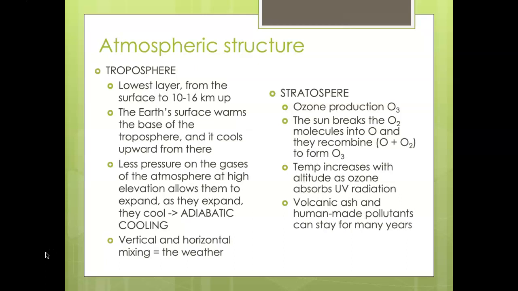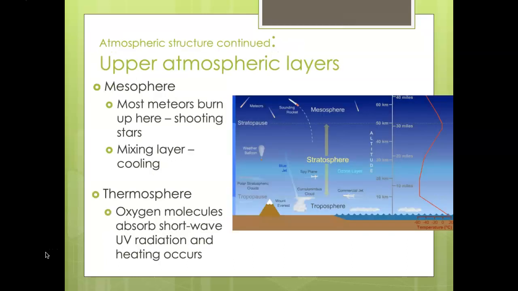The temperature increases in this layer with altitude as the ozone that's created there absorbs UV radiation. So remember, the troposphere is defined by cooling, the stratosphere is defined by heating. Volcanic ash and human-made pollutants can get up into the stratosphere and stay for a very long time.